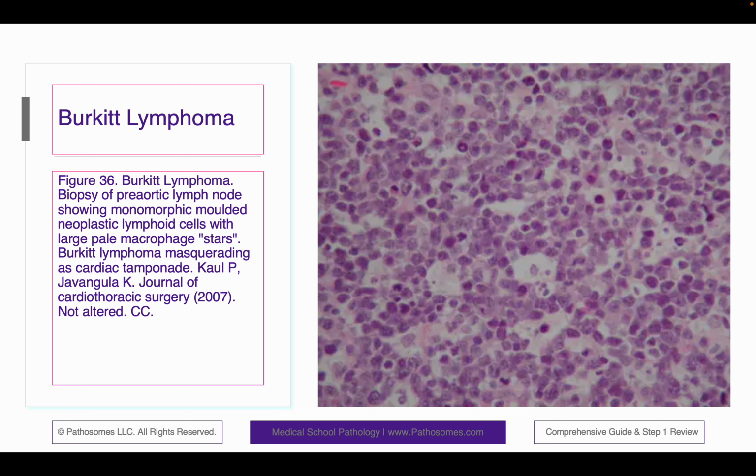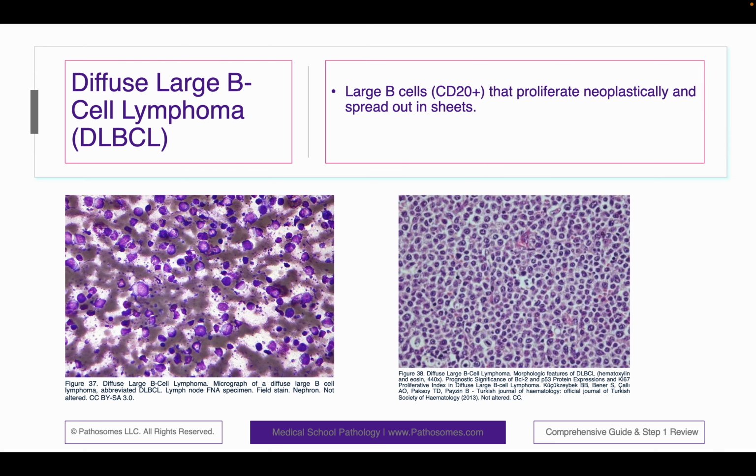Do you see all these cells with the high mitotic rates? Do you appreciate the large pale macrophages, quote unquote, the stars in this image? Burkitt's lymphoma. It will show up.